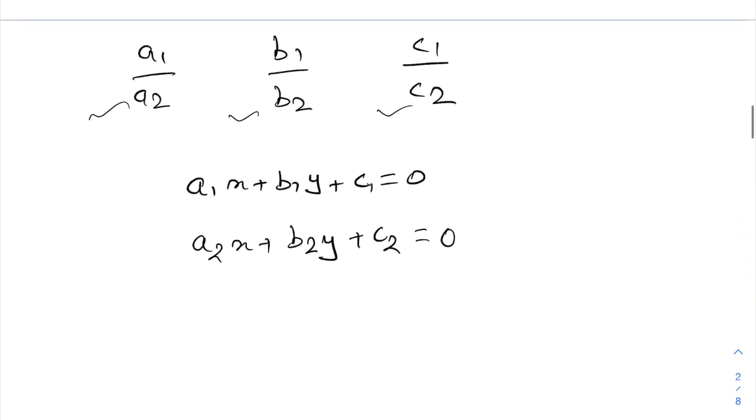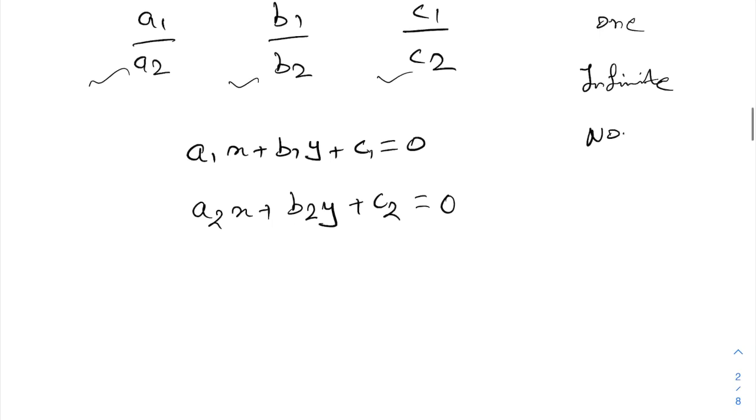In a similar way, by knowing the relation between the ratios a1 upon a2, b1 upon b2 and c1 upon c2, we can decide whether one solution, infinite solutions, or no solutions are possible.